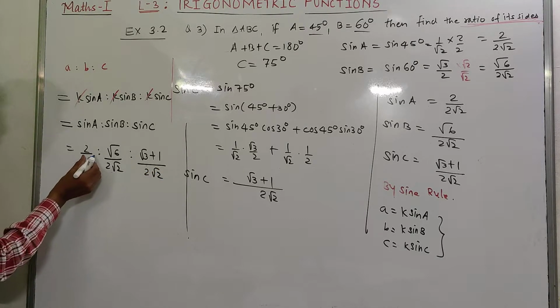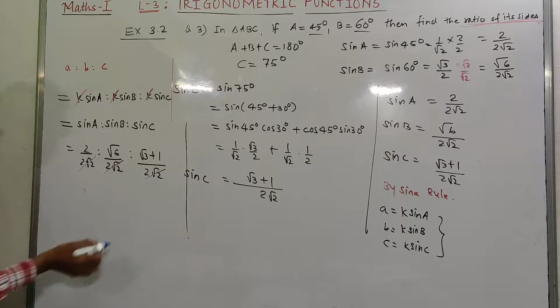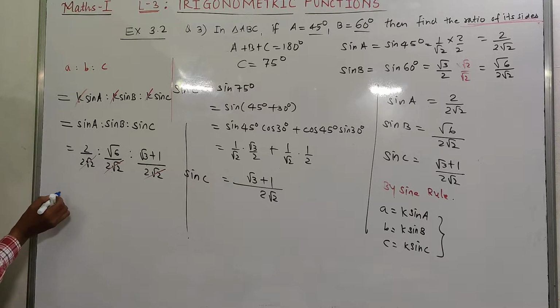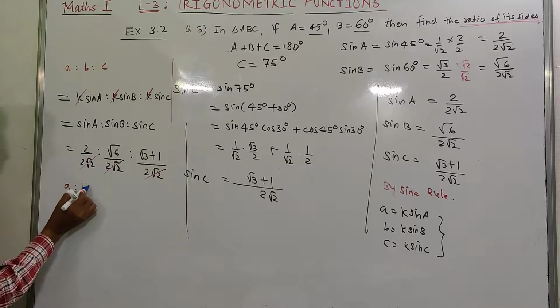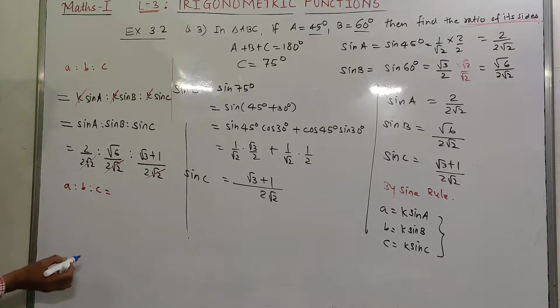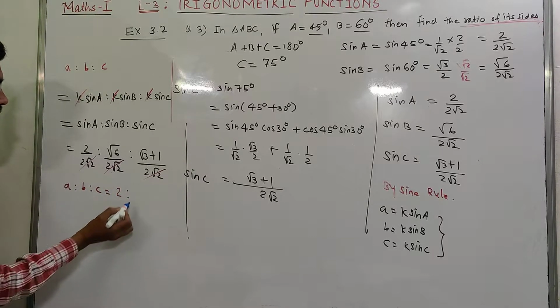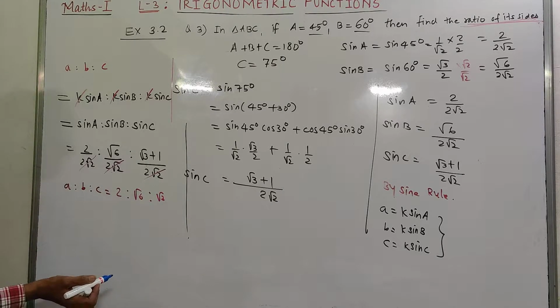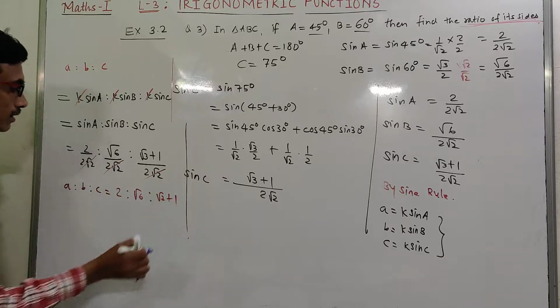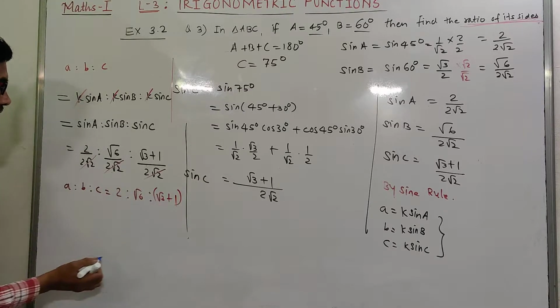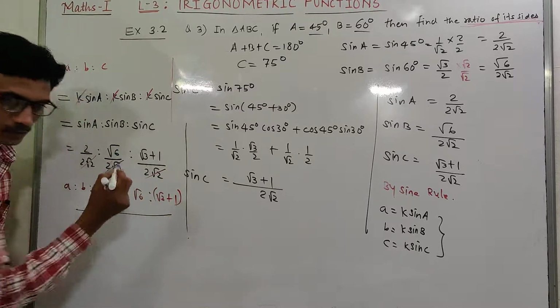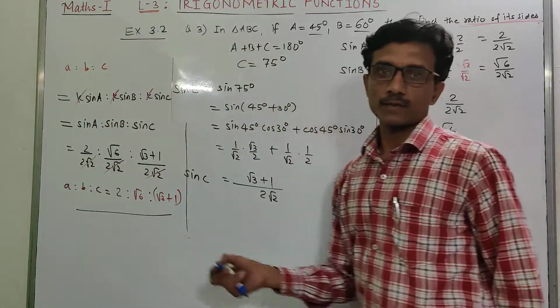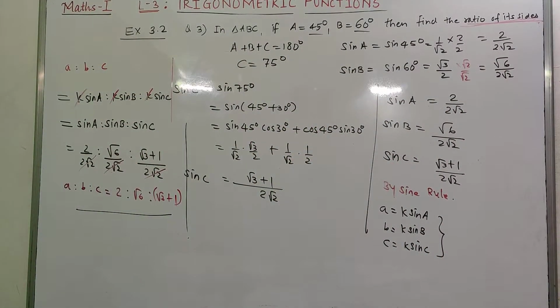The 2 root 2 is getting cancelled, and we will get a is to b is to c equal to 2 is to root 6 is to root 3 plus 1. This is the required ratio of the sides of triangle ABC.